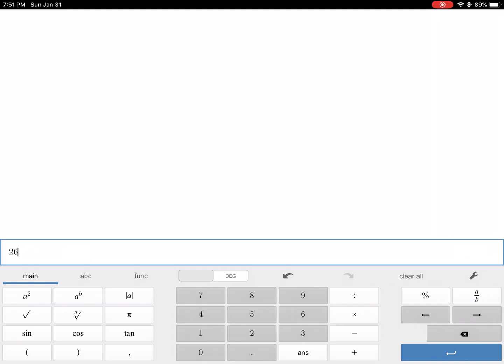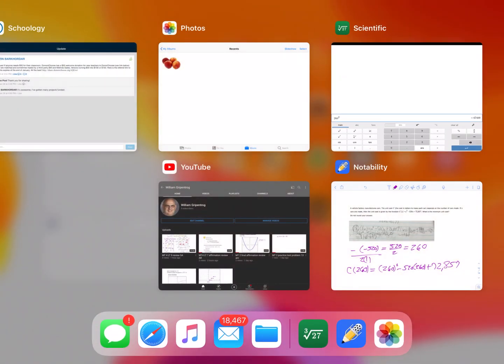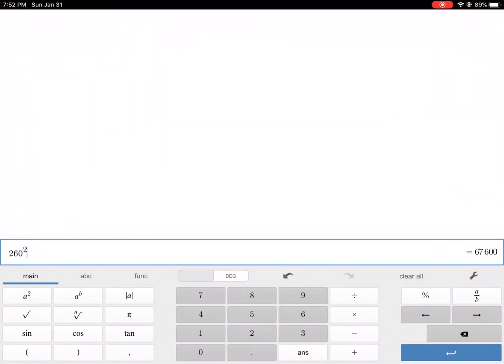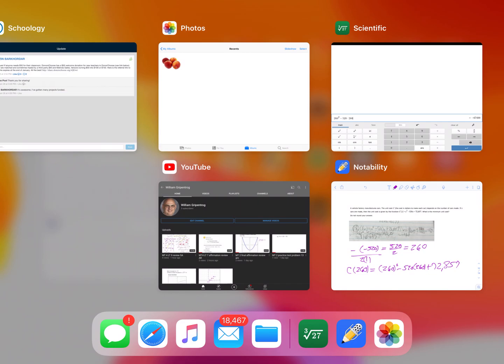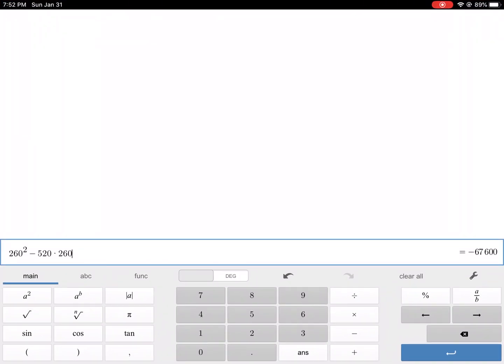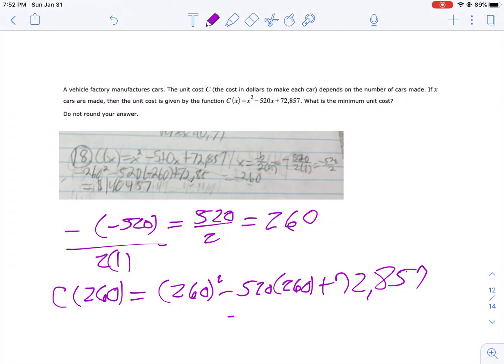So we're going to say 260 squared, and then minus 520 times 260, and then we have plus 72,857. And the minimum cost is going to be 5,257. Just a little mistake on that negative sign there.